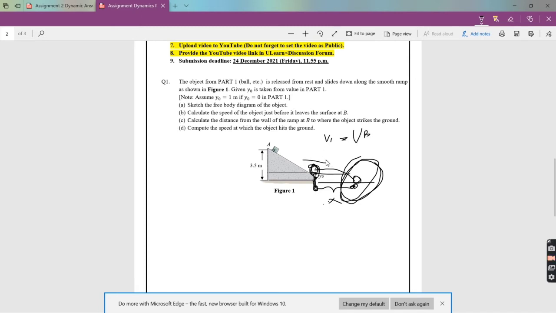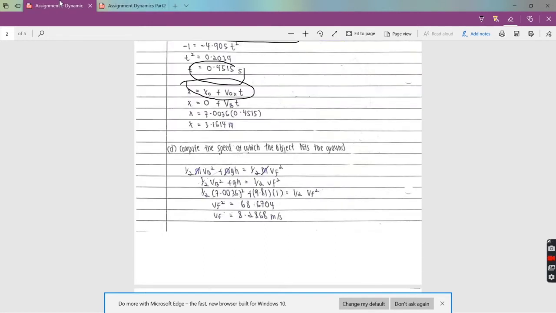Here VB is here. Okay, so we can replace the value into the equation, and we get the V final, and the V final here equals 8.2868 meter per second.